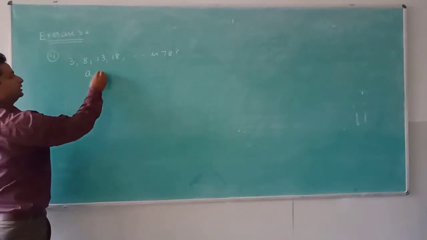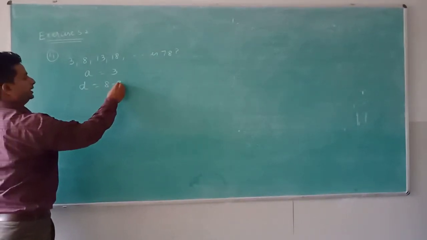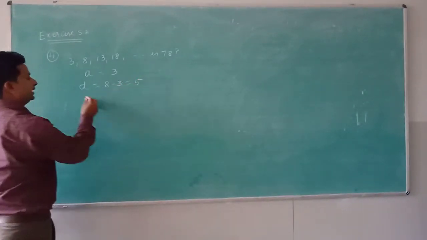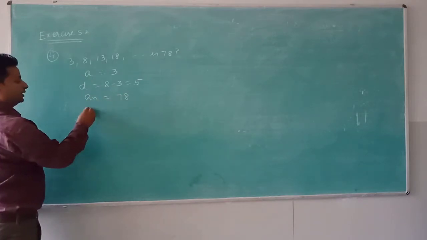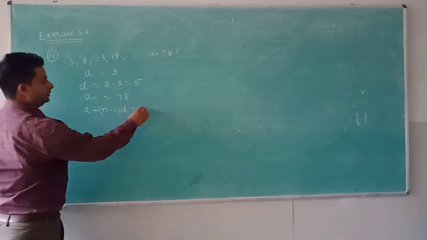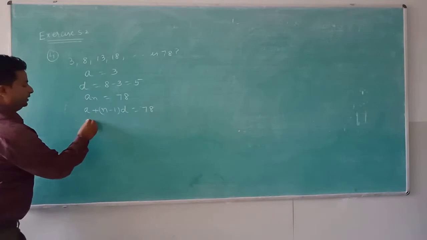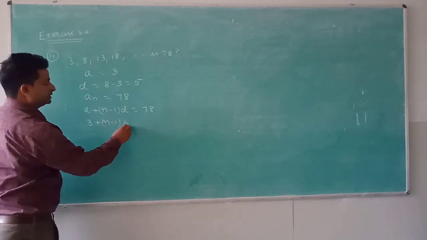In this question, the first term is 3 and the common difference is a2 minus a1, which is 5. an is 78. The formula of an is a plus (n minus 1) into d, which is 78. The value of a is 3 and the value of d is 5.